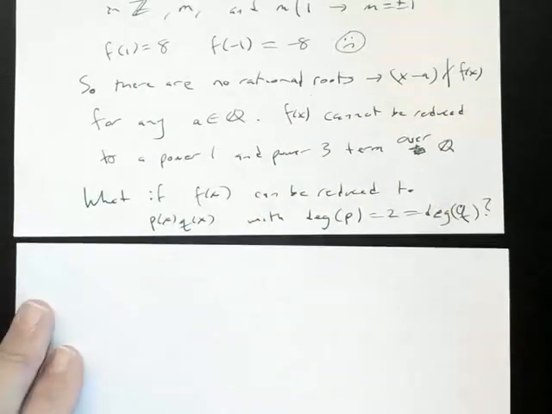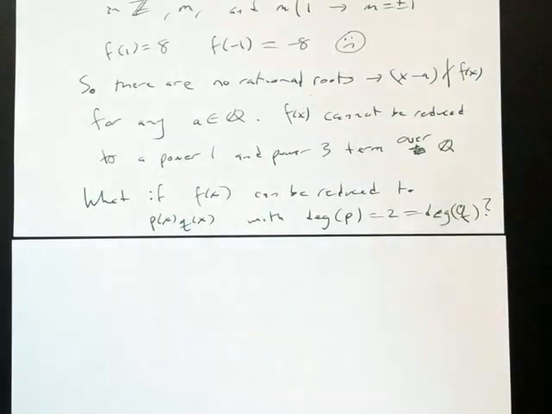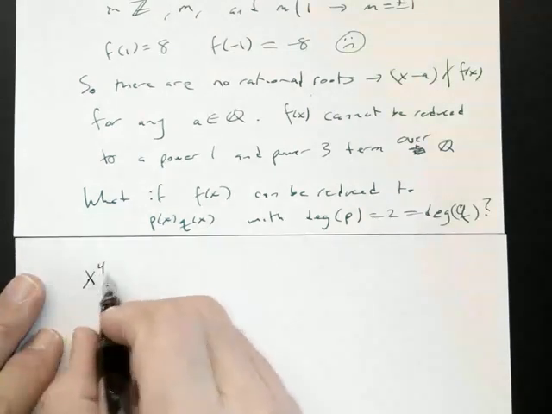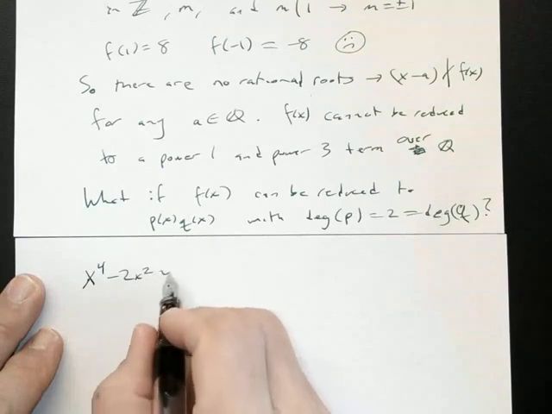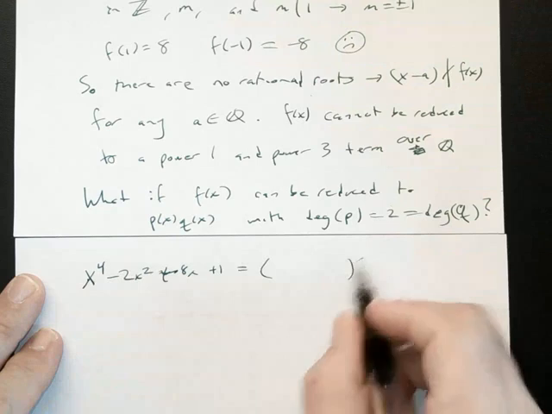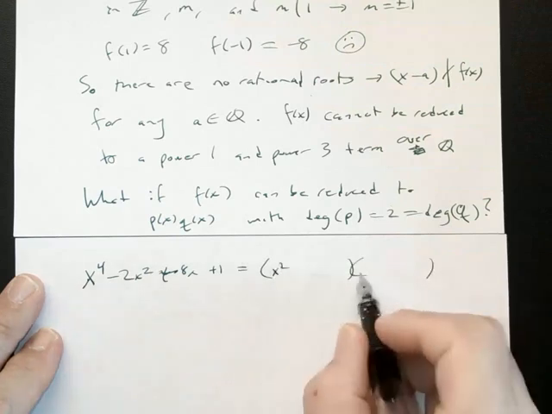Well, here's the fun part. What was the leading coefficient of our function in this problem? The number at the very front is 1. X to the 4th, right? Which means this would have to factor into two quadratics, and they would both have to start with x squared.